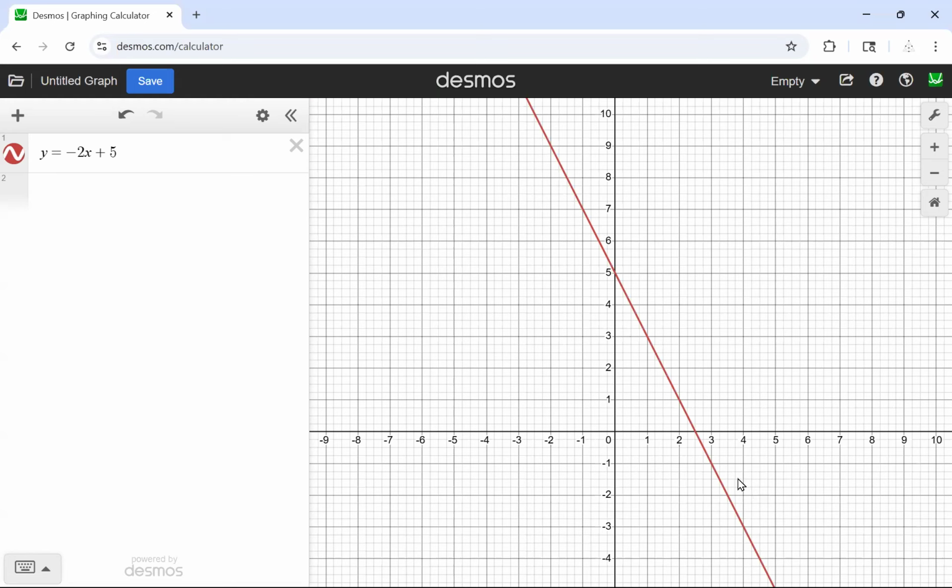Obviously, it goes through all of the points that we mentioned: -2, 9, -1, 7, 0, 5, 1, 3, and 2, 1. And we could have gotten lots and lots of other points as well. In fact, every single other point on this red line would make the equation true.